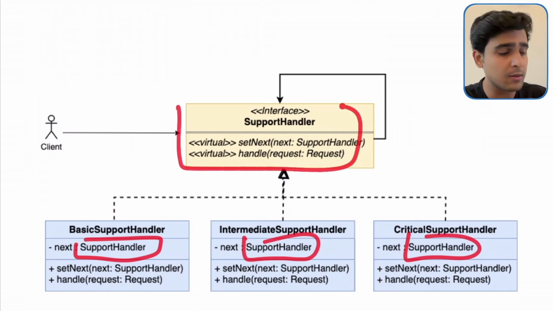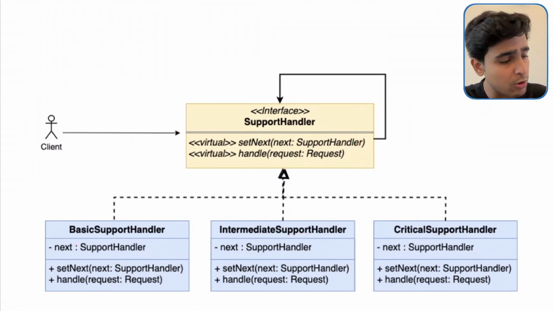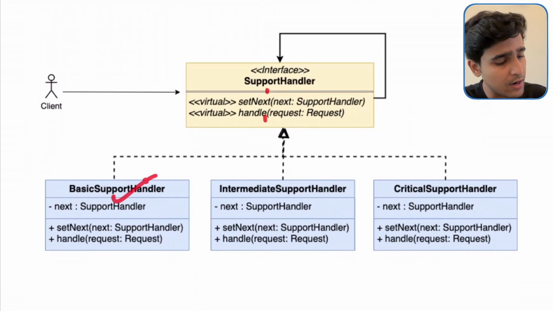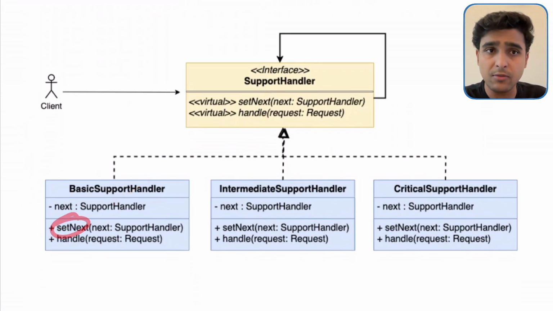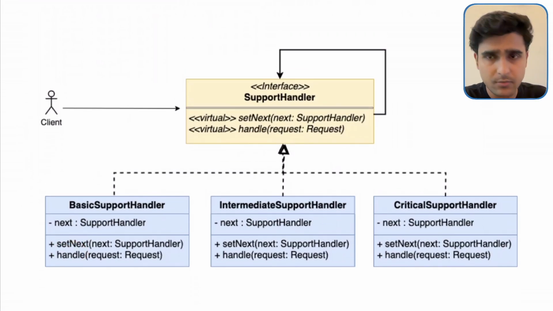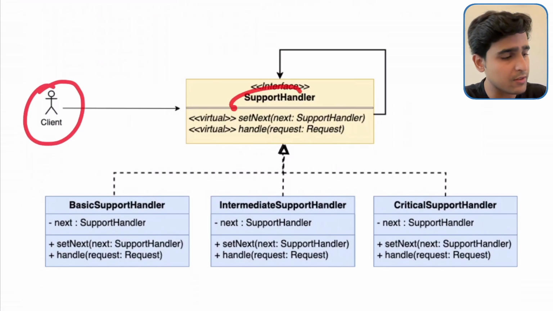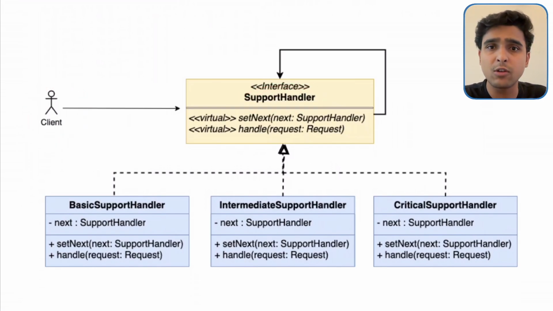So if we create a support handler interface, whoever implements this interface also has to implement these two functions, which are set next and handle. So every handler will have a set next function which sets its next support handler, and a handle function which handles the request. Okay, so client always interacts with the support handler object. Client always calls the handle function, and appropriately it will be handled by one of the handlers.